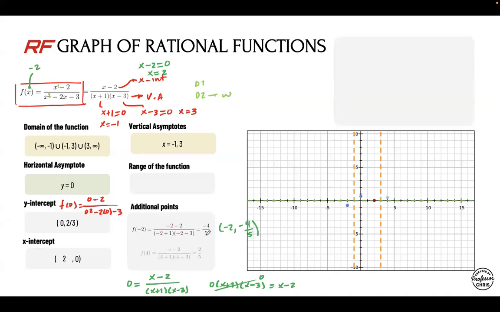Then if you evaluate with 4, meaning a coordinate on this segment of the graph, since we already have 2 points in between the vertical asymptotes, you get 4, comma 2/5. Those points are now on the graph.